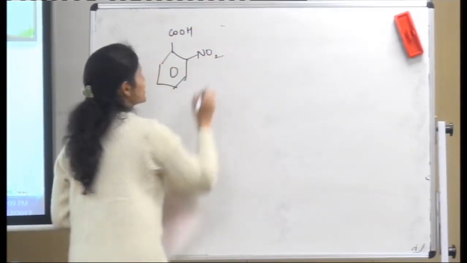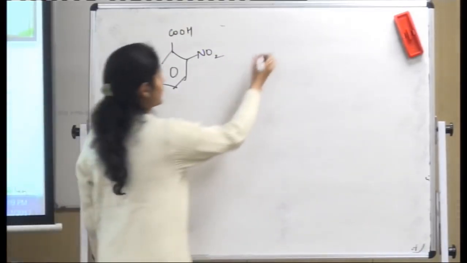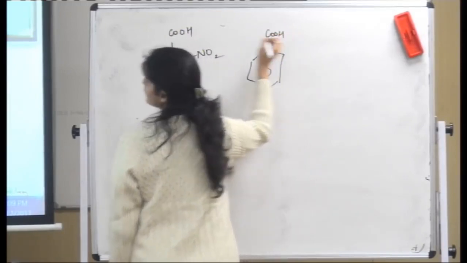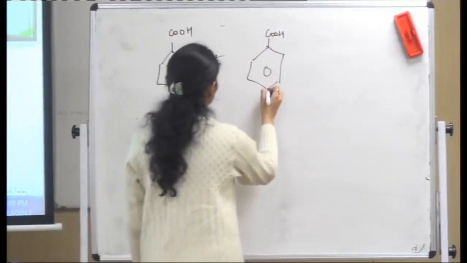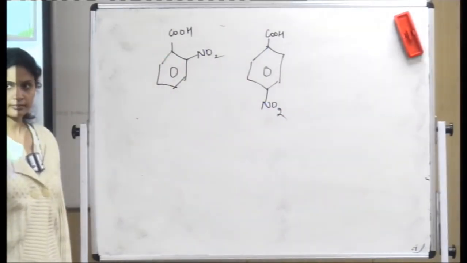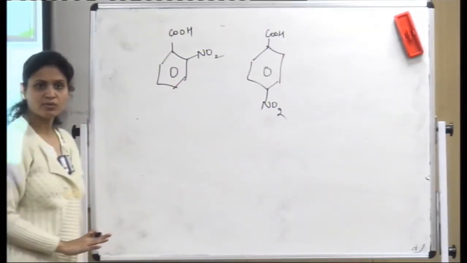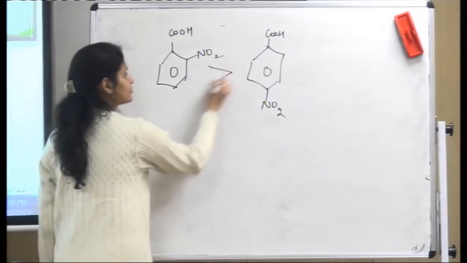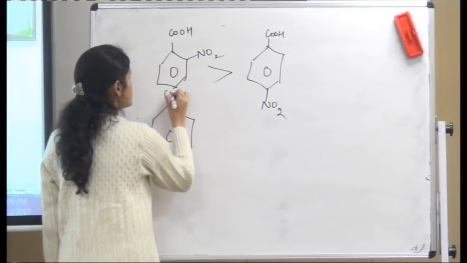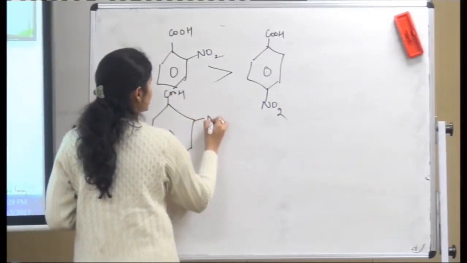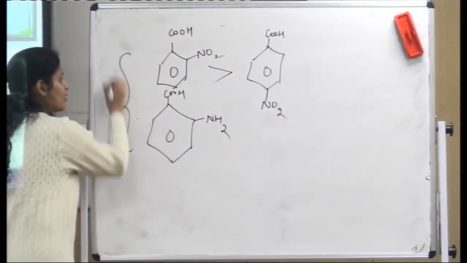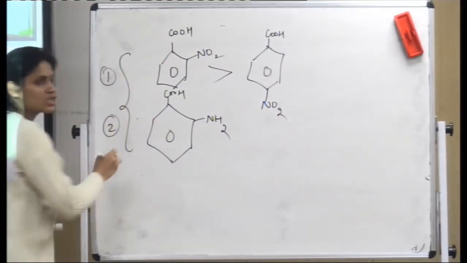Suppose I have this nitro group and I have the same acid with steric hindrance. Out of these two, obviously I know which is a strong acid, but what if I am given this acid COOH and then NH2, then out of these two, 1 and 2, how will you compare which is a strong acid?